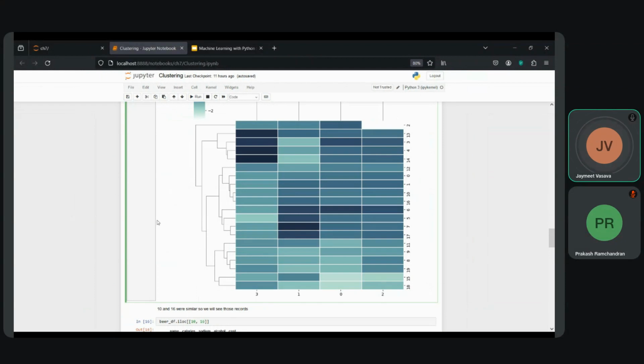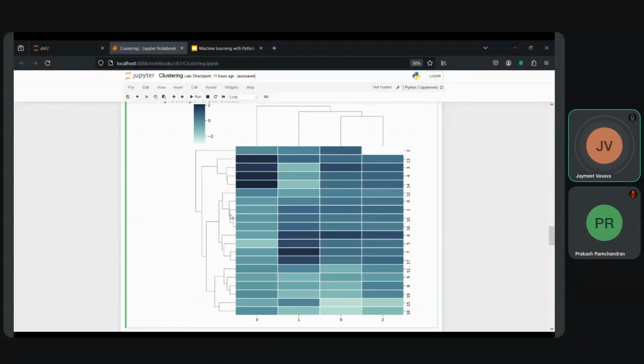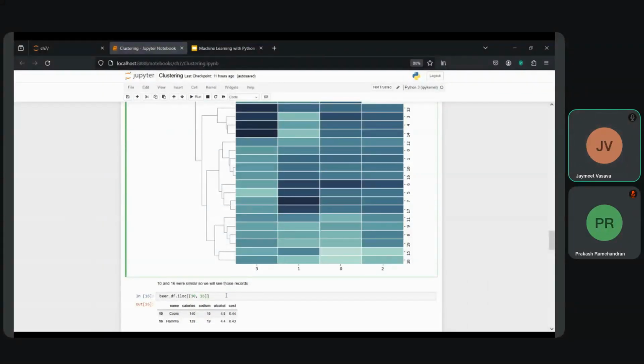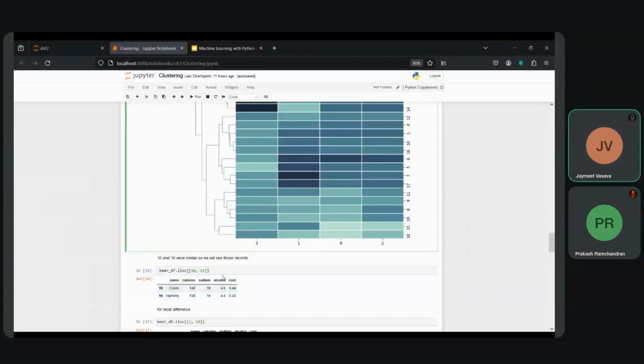You can see over here, I hope you can see the cursor, this is the most similar observation, which is 16 and 10, and 1, 2, and 18, as they have the most distance, become the least similar observations.